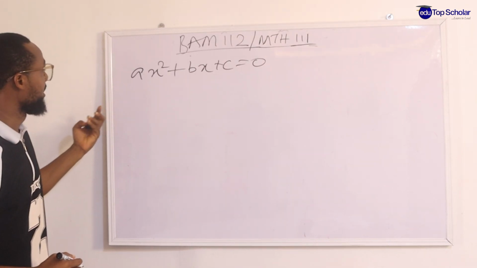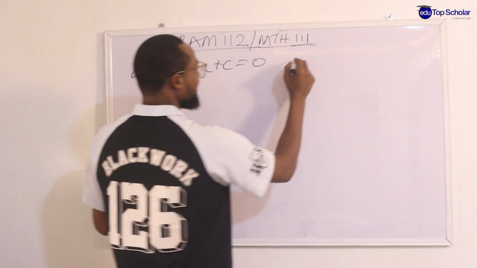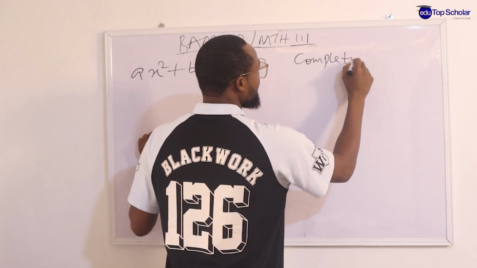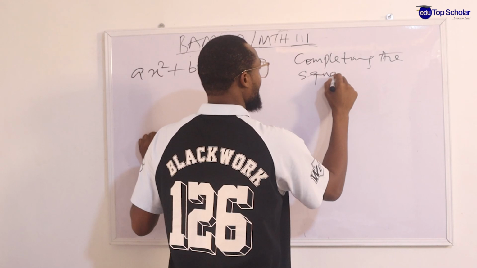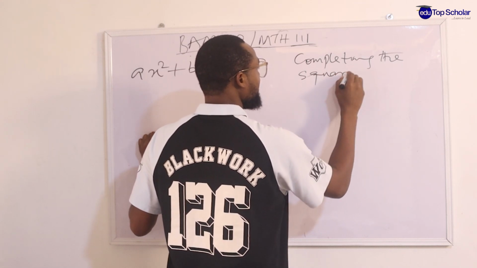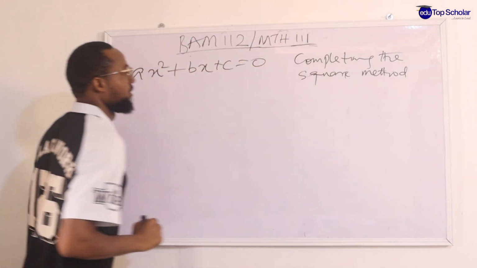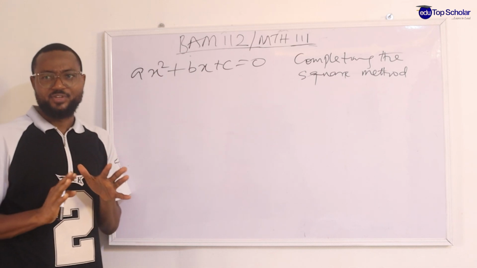And from here, what are the basic steps involved? I think I should write the method we want to describe now. Completing the square method. So for this, let me describe the steps involved as well.